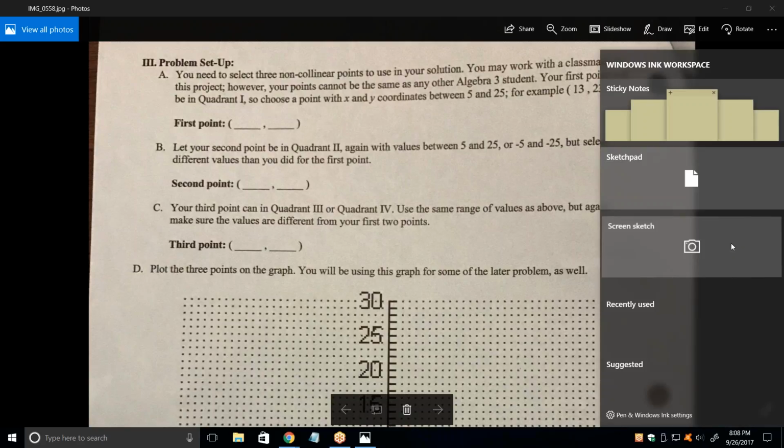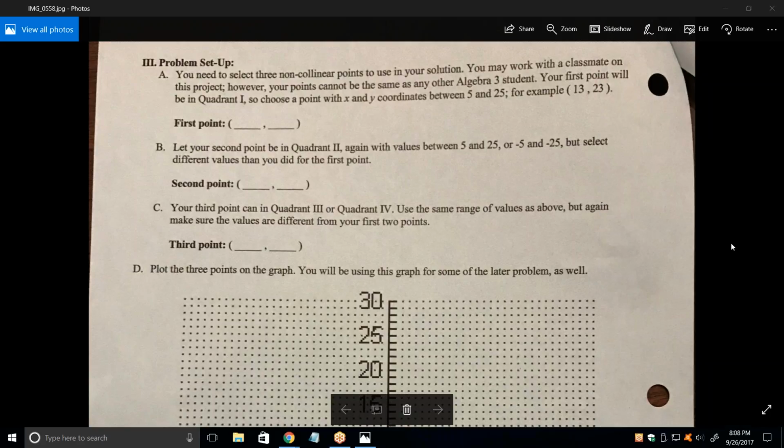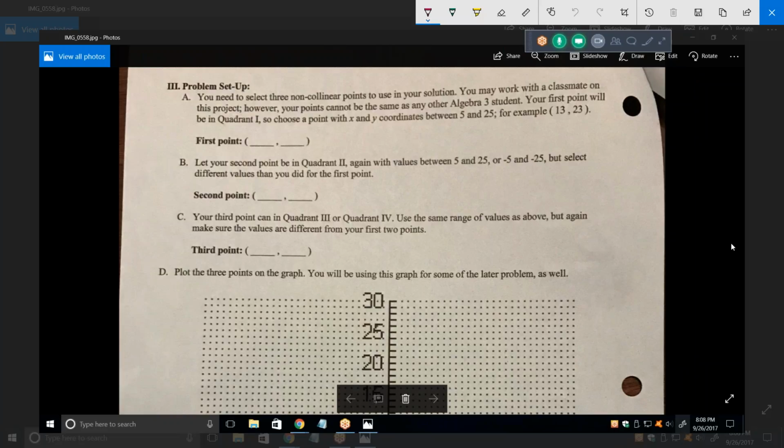Okay, let's do that. Our first point. Let's do 6 and 8. We don't know yet what numbers are going to make this easier or harder. We're just picking numbers.